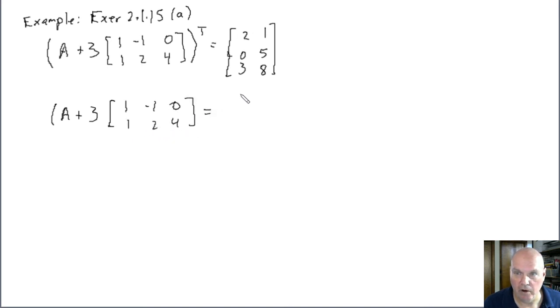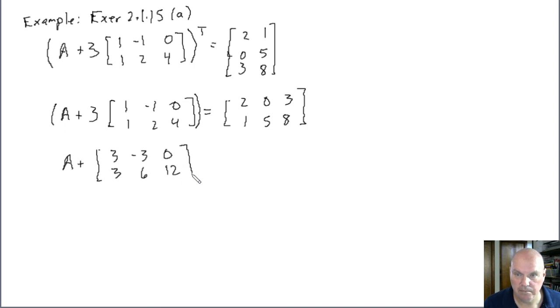And the transpose of the right-hand side gives 2, 0, 3, 1, 5, 8. Lost a parenthesis there. So this is A plus 3, -3, 0, 3, 6, 12 is equal to 2, 0, 3, 1, 5, 8.